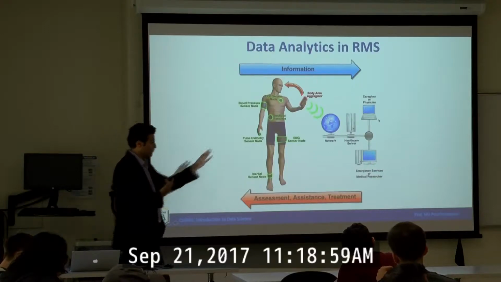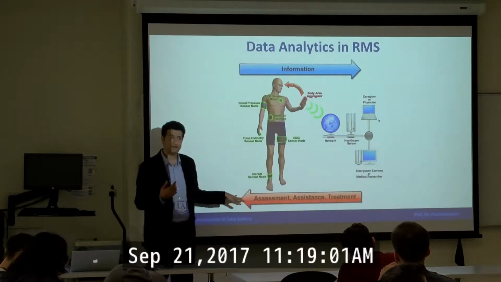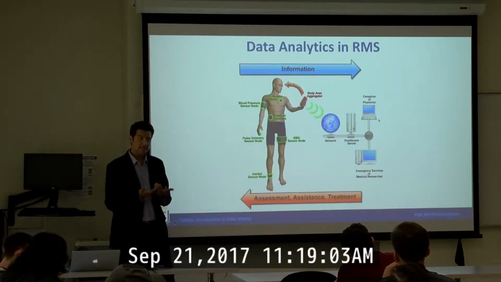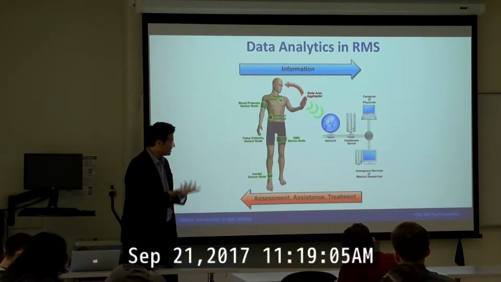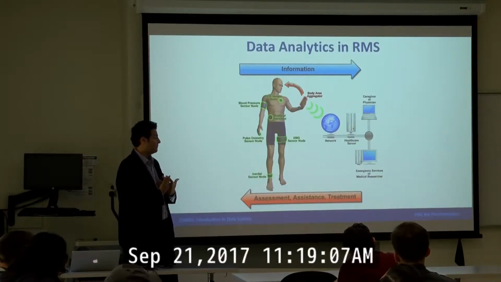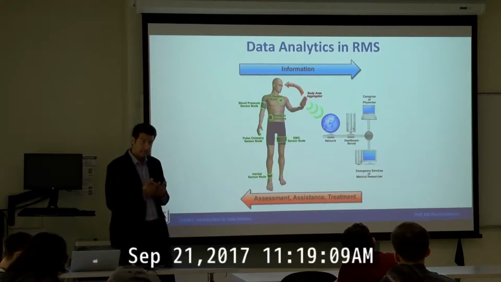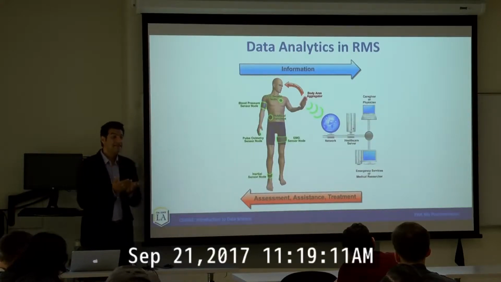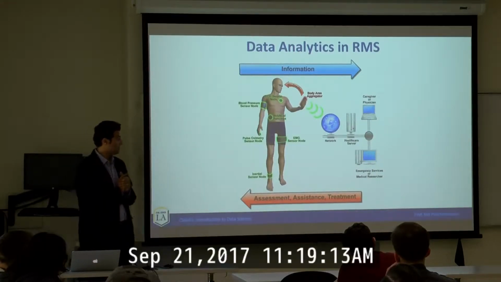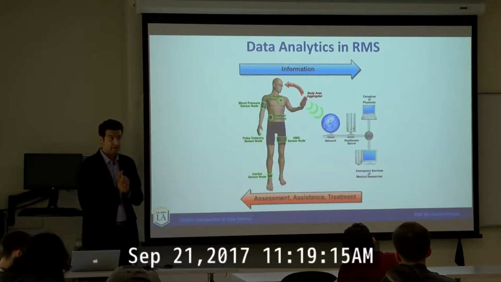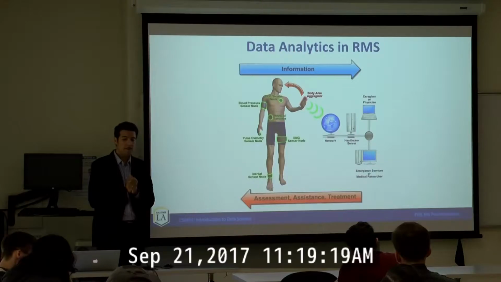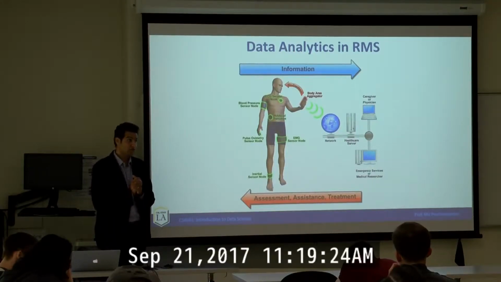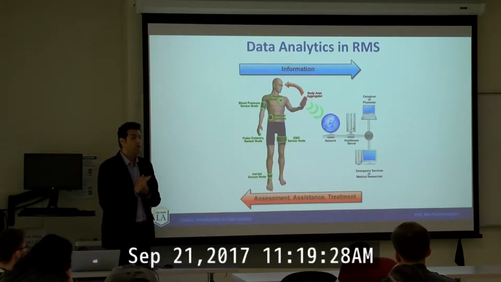When we do that, we can provide this information to caregivers like doctors and nurses, and they can do intervention, they can provide assistance or treatment to prevent that medically adverse event from happening. By medically adverse event for heart failure patients, for example, I mean it can be a heart attack or a stroke or an emergency visit to the hospital or even death.